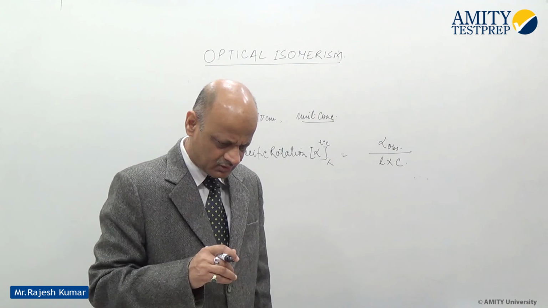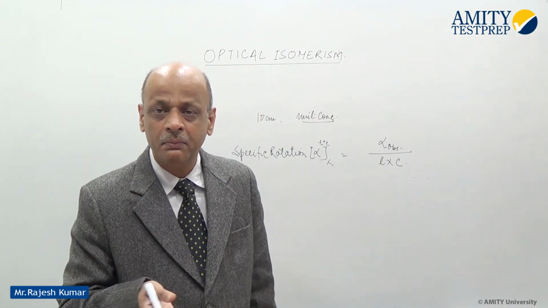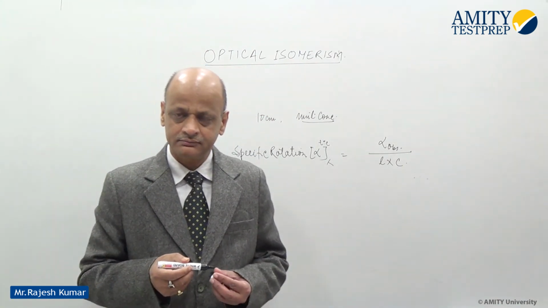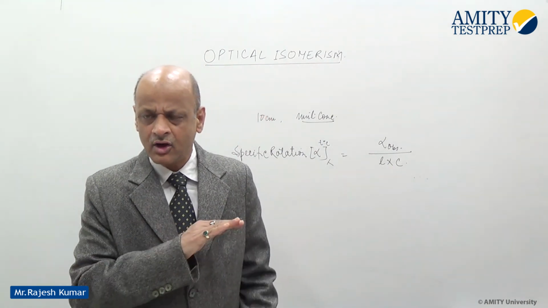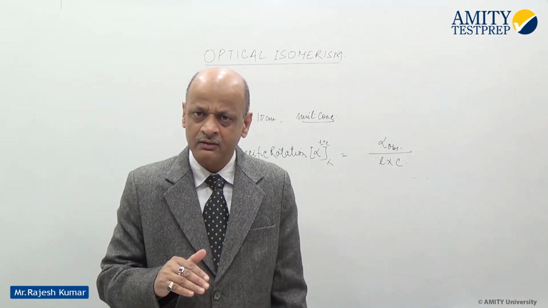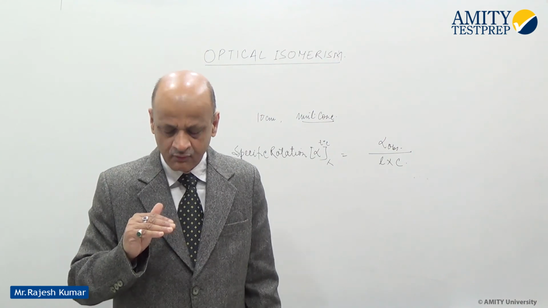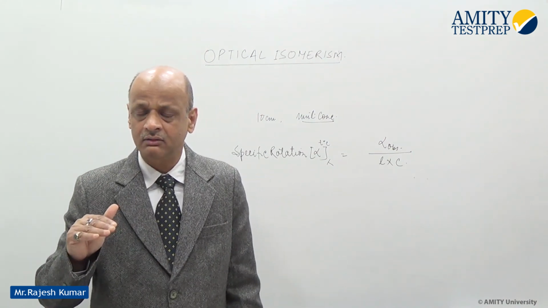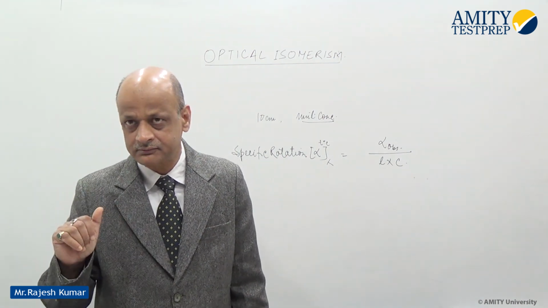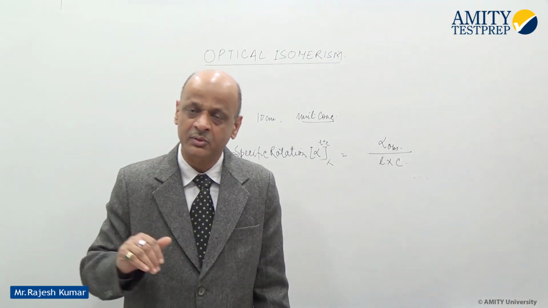Now, a new term was explained here, plane of polarized light. What is polarized light? Normally light always travels in a straight line, and during this traveling it vibrates at right angles to the direction in which the light travels.